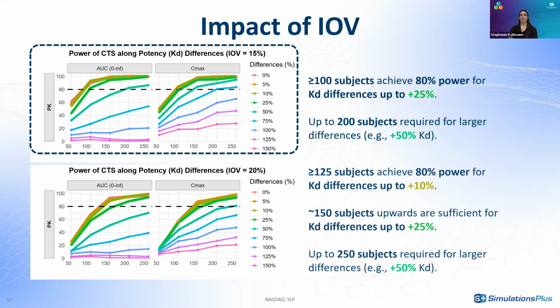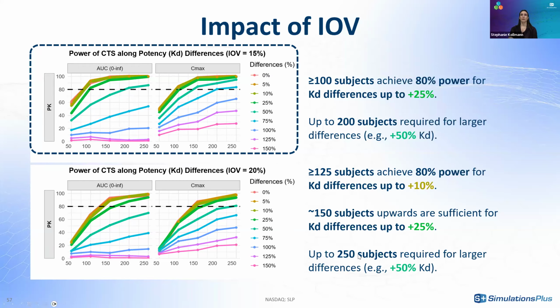And the required sample size to reach 80% power, for differences in potency, drops by about 25 subjects. And we can detect KD differences up to 25% with an inclusion of around 100 subjects.